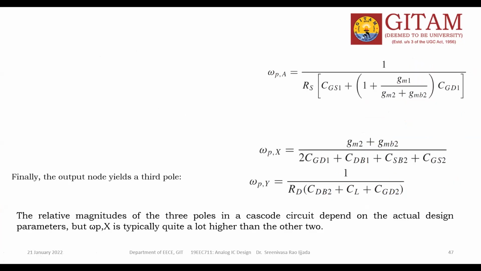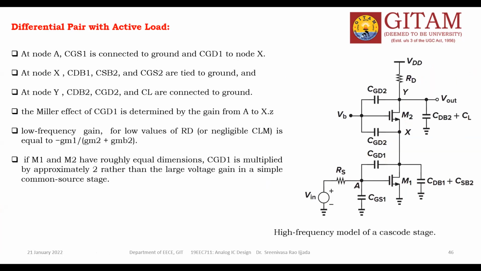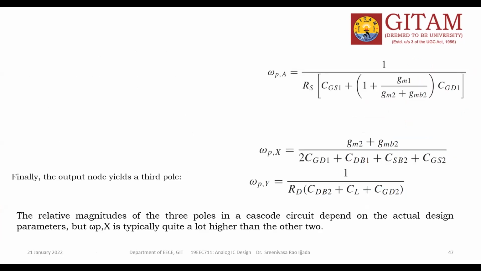Next, from this circuit we need to calculate the poles. So what is the pole? This is the pole frequency at node A. What is the formula? 1 by resistance times capacitance, 1 by RC.